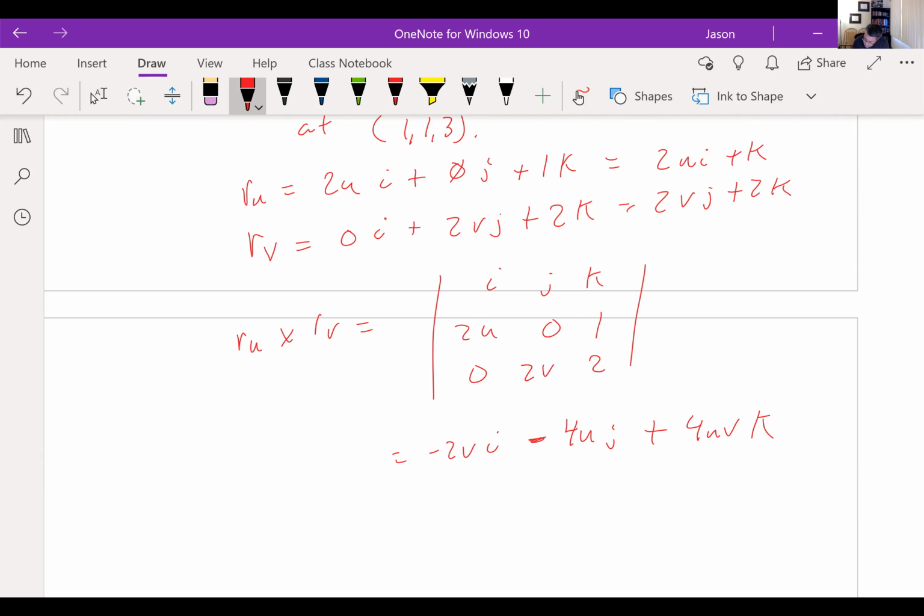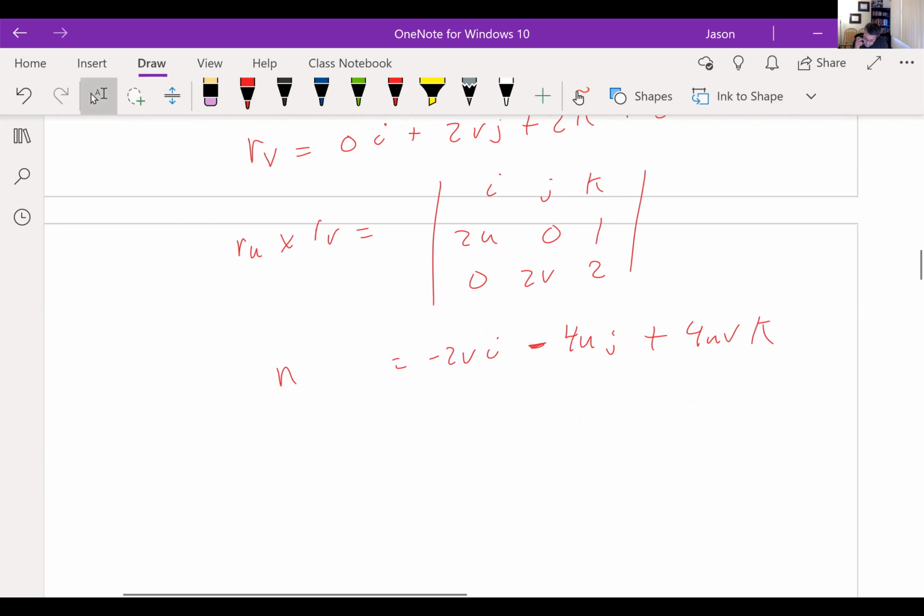So this is the normal vector: n is equal to (-2v, -4u, 4uv).